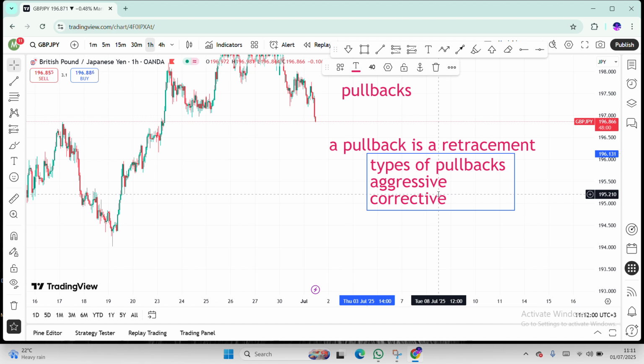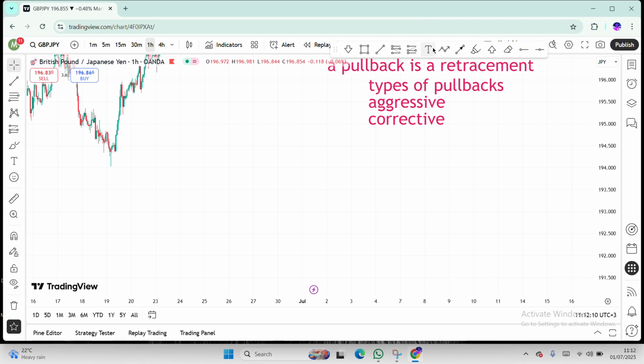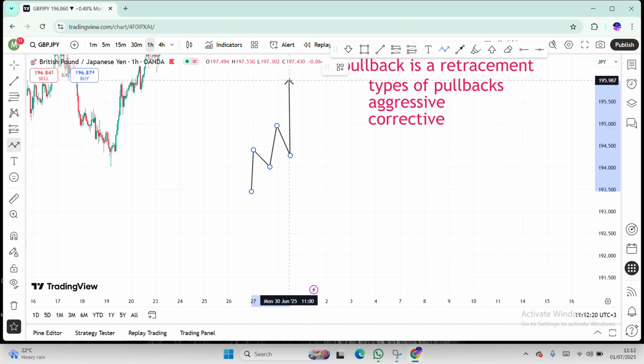So I'm just going to point this out on the live chart so that you get to know them and how to spot them in the market. I'm just going to give you an example here of the structure. Let's say you are buying now from here. So this is your bullish market.